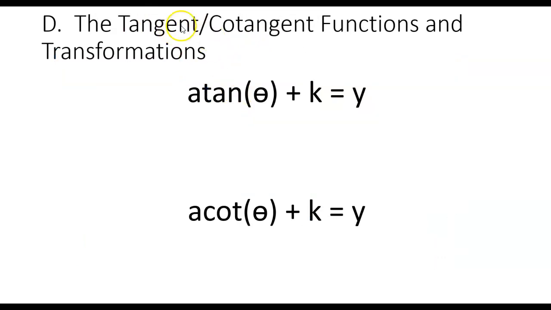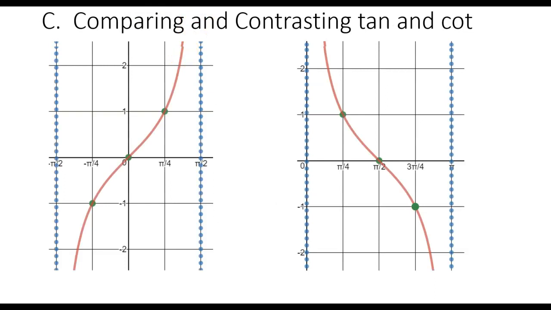Now, as you guys may notice here, let me go back for a second. These graphs don't have a midline, but they do have a midpoint. They don't have a midline, so we're not going to draw a blue dotted line going this way, but they do have a midpoint, a point in the middle. Now, to get from your midpoint to your next point, you go over 45 degrees, or pi over 4 radians, and then up 1 space.